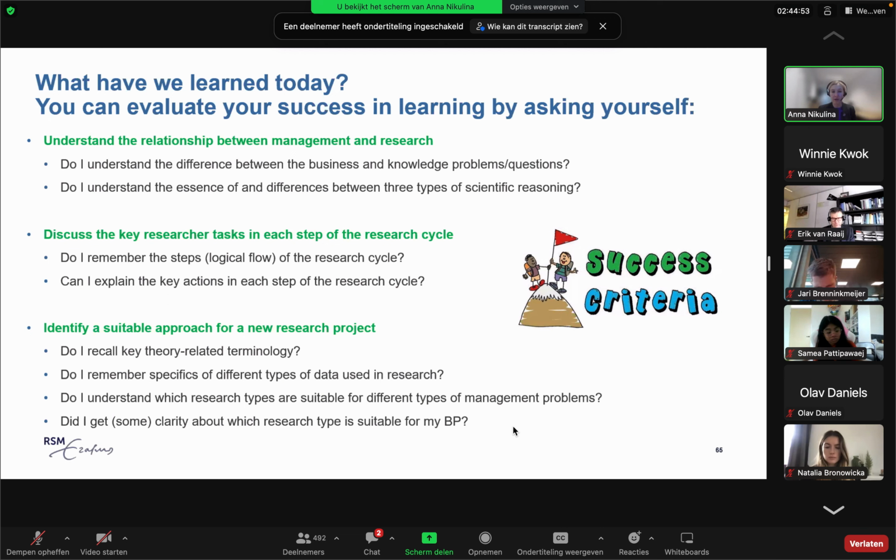Do I understand from the readings what is theory? What is theory testing? What is theory building? Also, do I remember types of data I can use? Do I understand what research types are suitable for different problems?